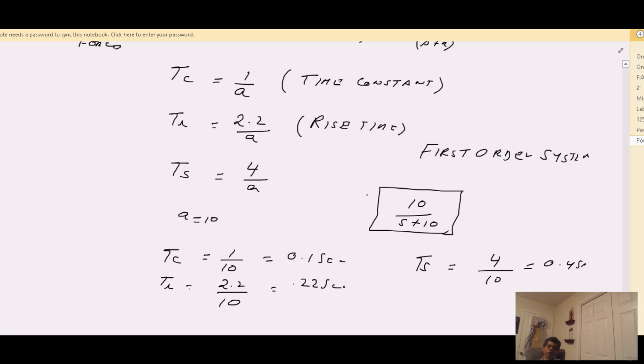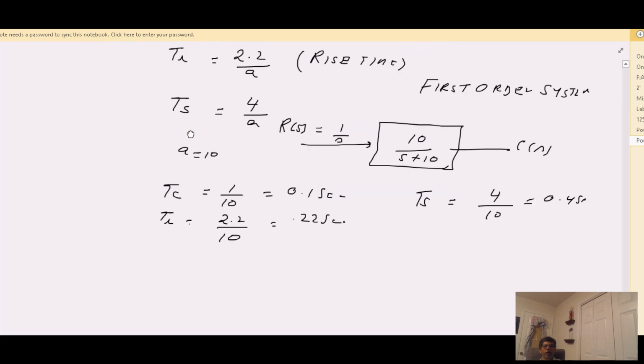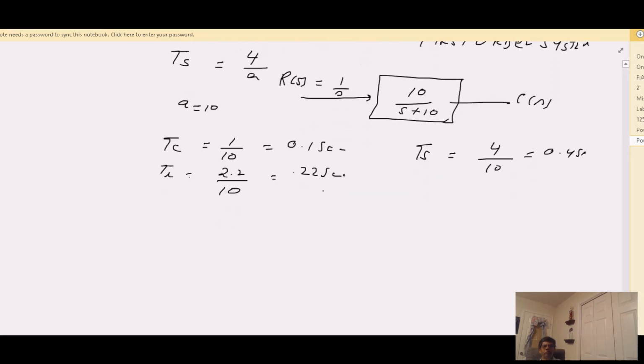Now we can also apply an input of, let's say R of S is equal to 1 over S, and here we can get the output C of S. I think you kind of know how to do this. We have to find the output response.